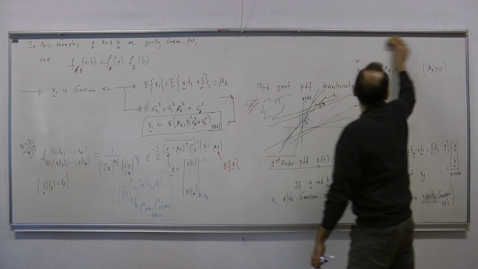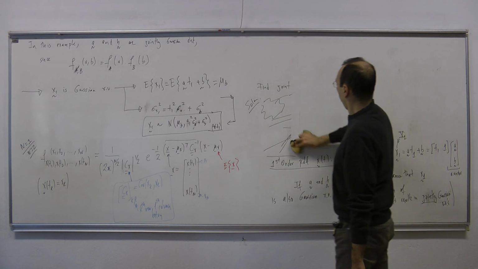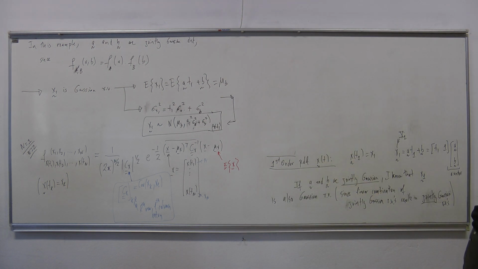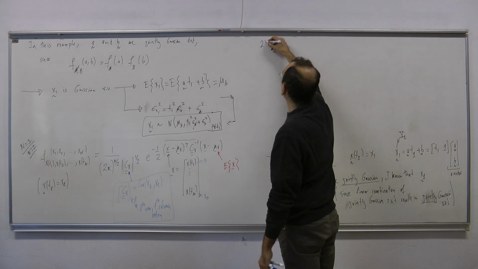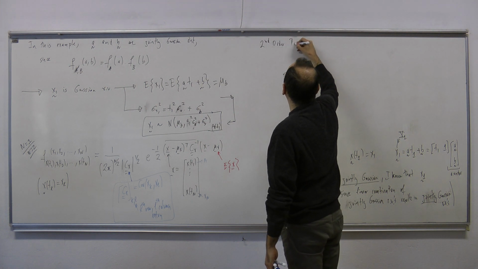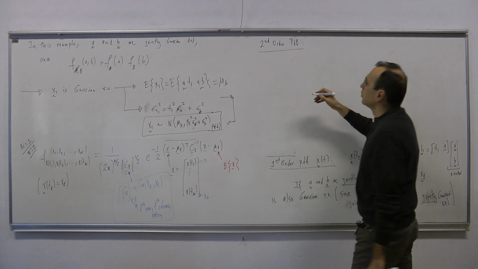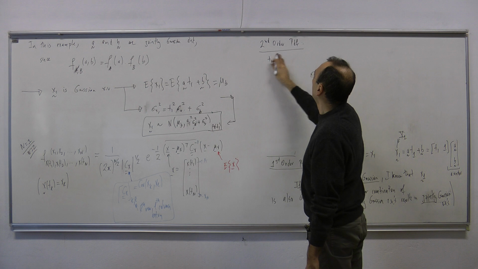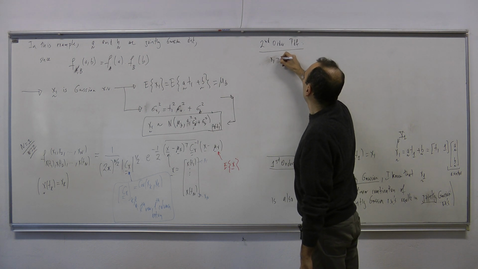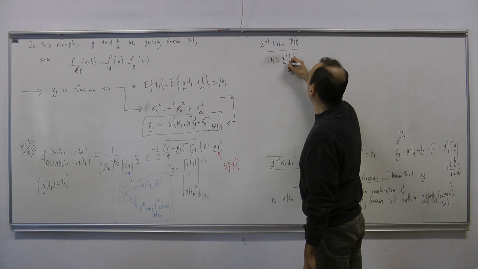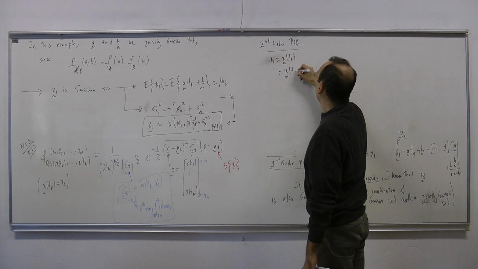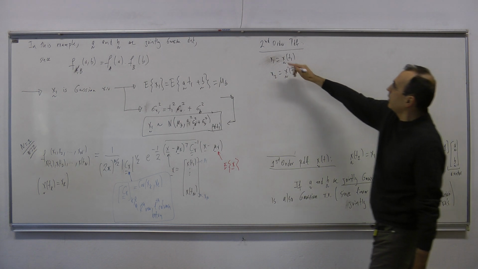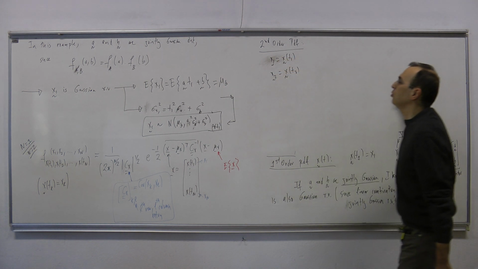Now let's see the second order PDF. So my evaluation times are T1, T2. I'm working with this 2-time instance where the random variables are x1, x2.